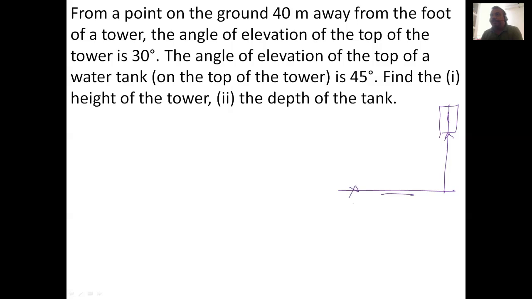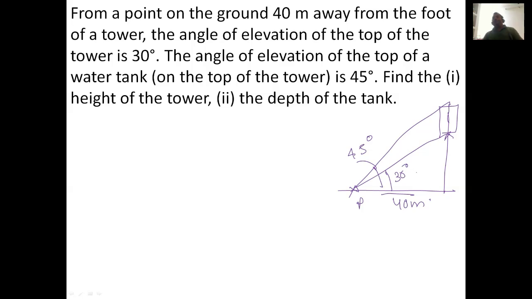So there is a point P on the ground. It is 40 meter away. Elevation of top of a tower and elevation of top of the tank. Top of the tank is 45 degree and the elevation is 30 degree.